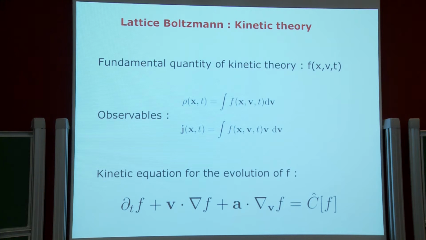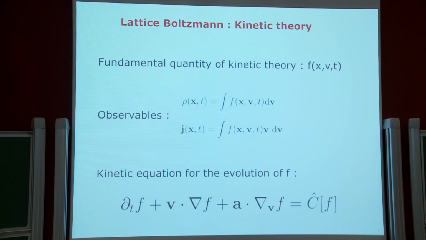If we want an expression for mass conservation, here we have f, so we want to integrate over all possible velocities. And so we will integrate this equation over all possible velocities. And if we want the momentum conservation, we will first multiply by v and then integrate over all possible velocities.